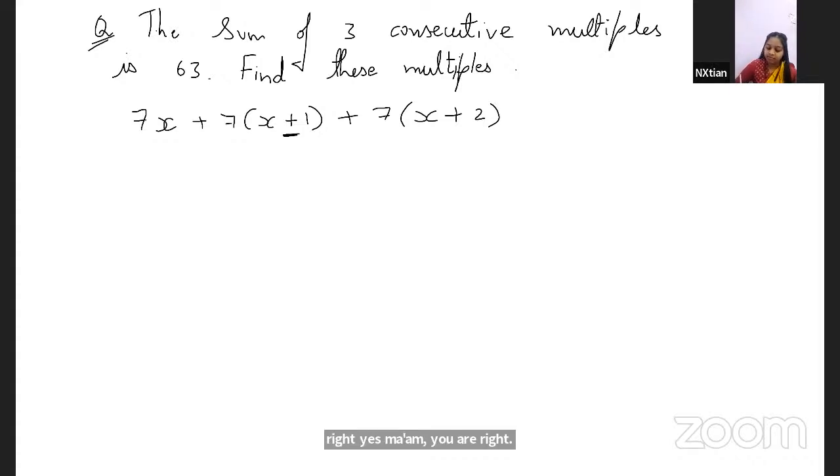So multiply them and then combine. So will it be 7x plus 7 into x plus 7 plus 7 into x plus 14?